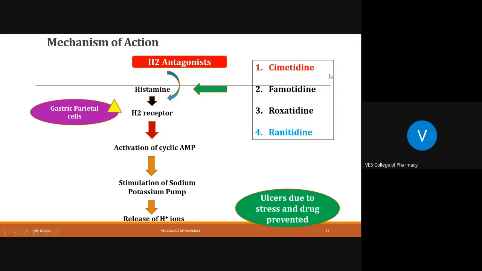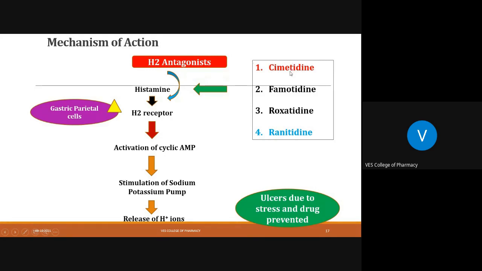Here you can see the various drugs from this category: cimetidine, famotidine, roxatidine, ranitidine. The first drug from this category was cimetidine. Around 1977 this drug entered this category.